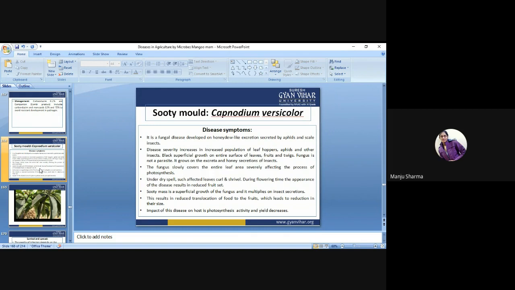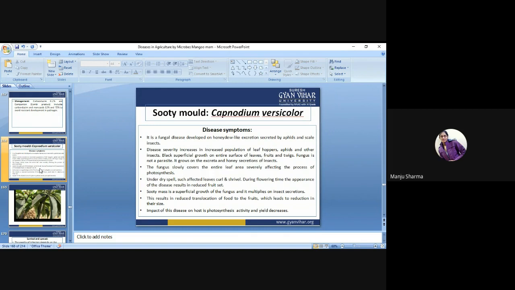Sooty mold is a superficial growth of the fungus and it multiplies on insect secretion. This results in reduced translocation of food to the fruits, which leads to reduction in their size.